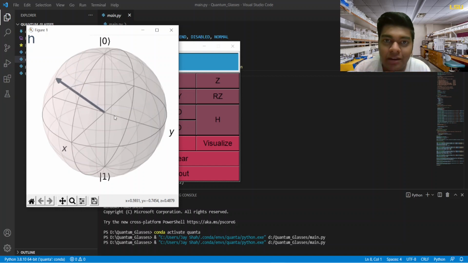If you have any idea, just pause this video right now and try to guess what would happen. Will this state just stop moving, or what will happen? Let's see. And now is the effect of the S gate.